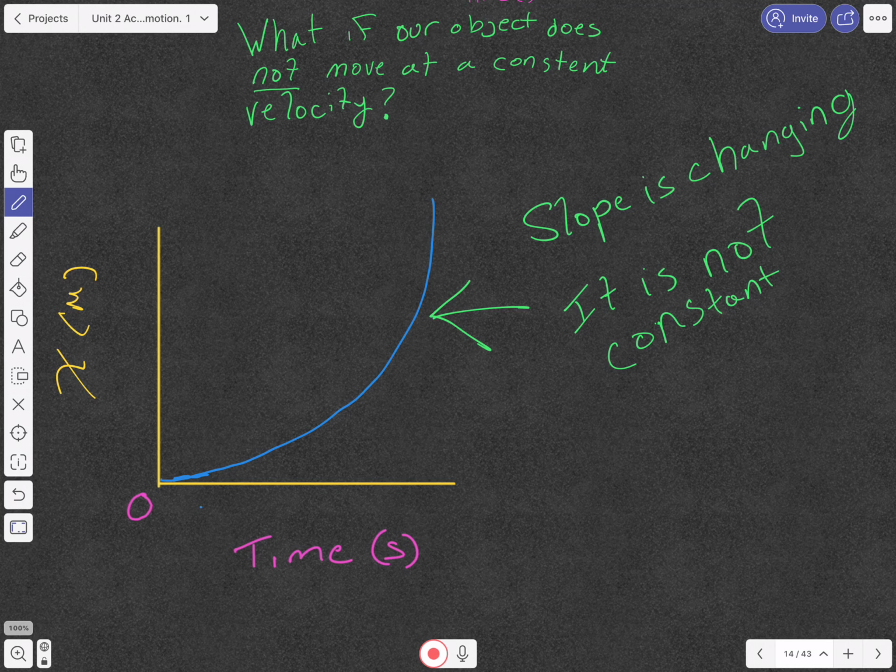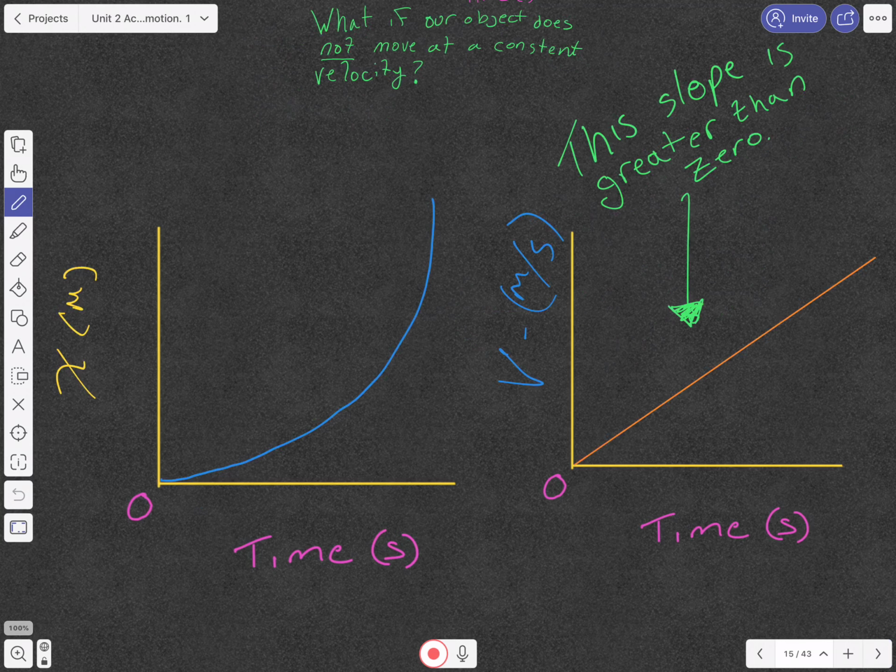So a graph that looks like this would actually match a velocity time graph that looks something closer to this. So now we have a velocity that has a slope, and it is increasing over time.